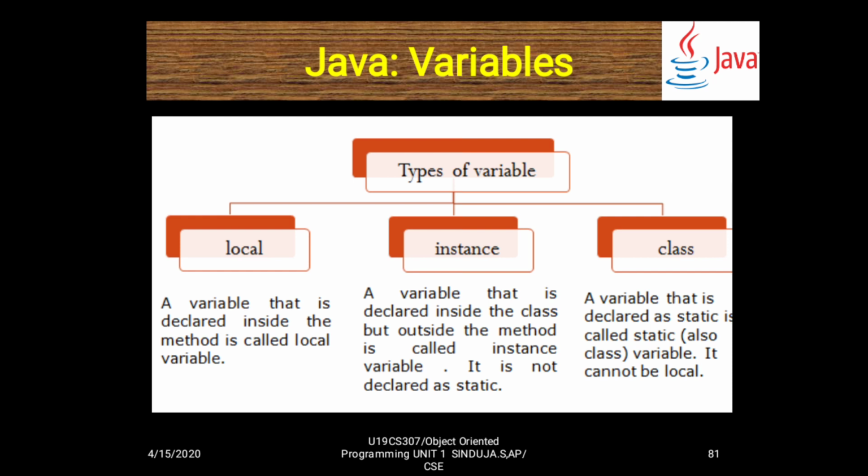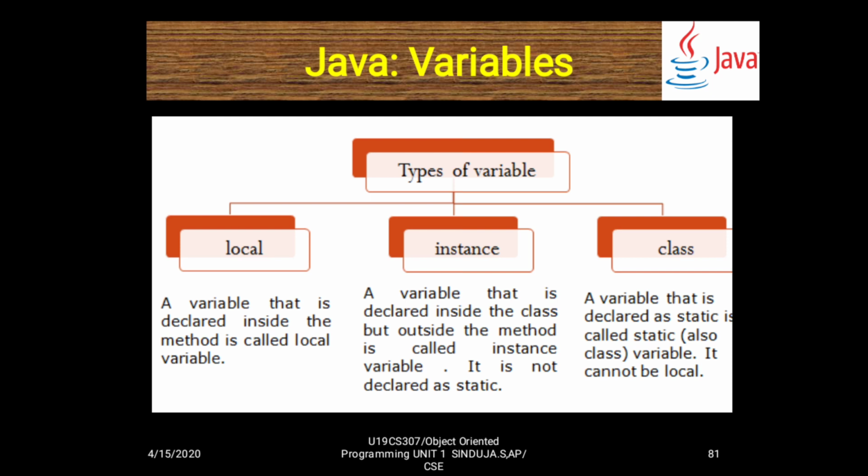The variables are created and destroyed with that particular function call. Whenever this function is called, the variable will be created, and when the block statement ends, when the function ends, the variable gets destroyed. So these kinds of variables are called local variables.